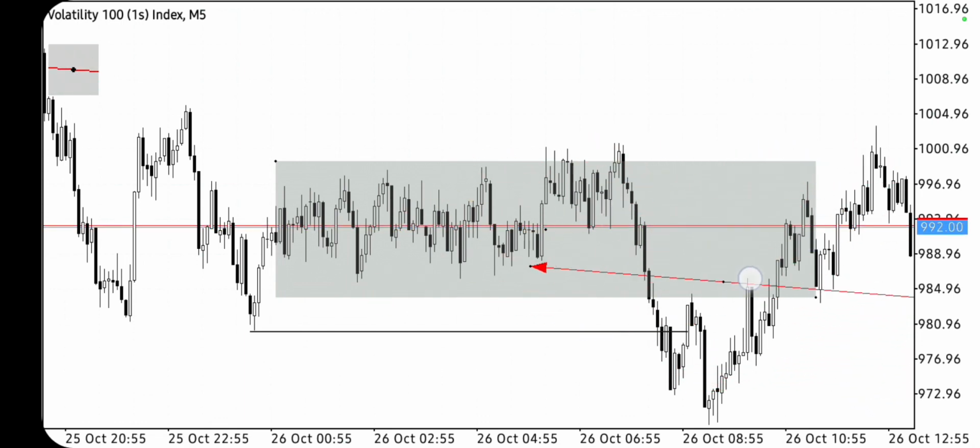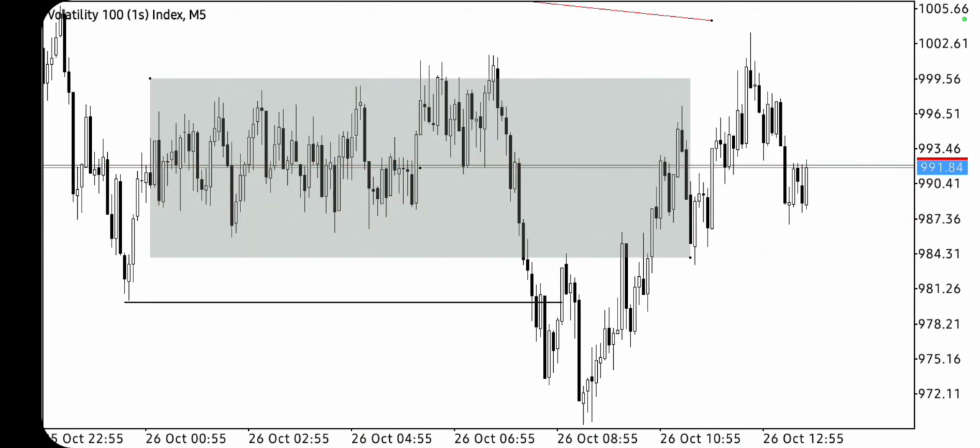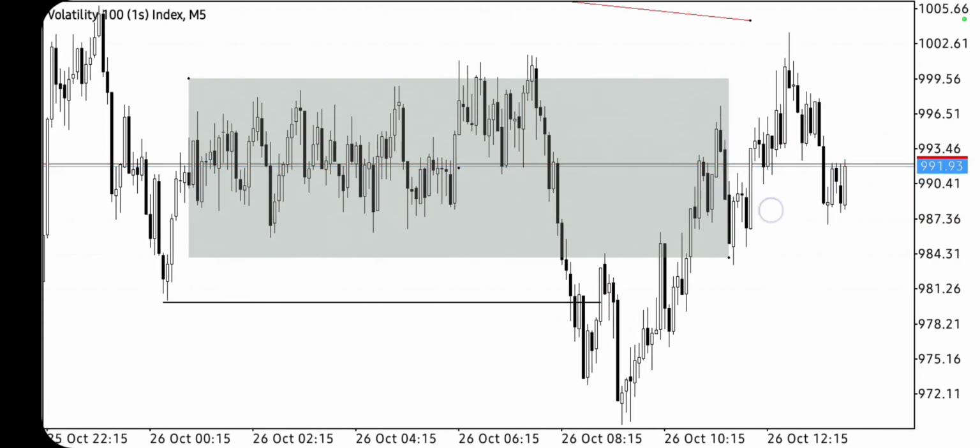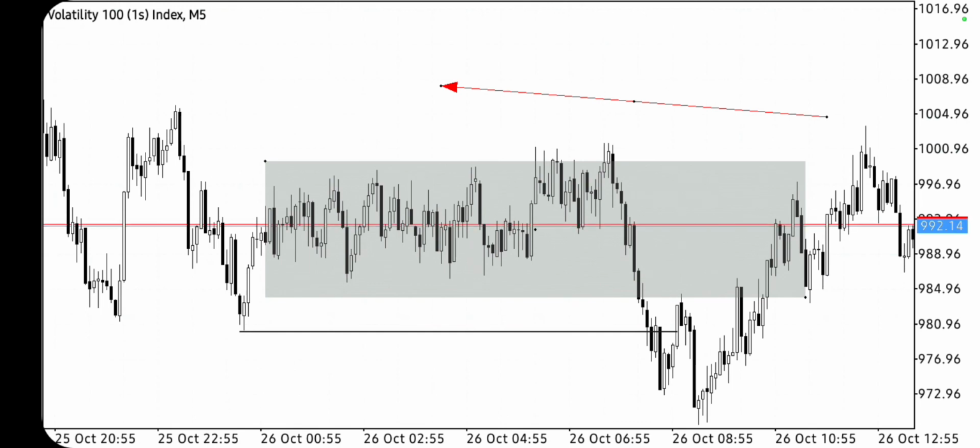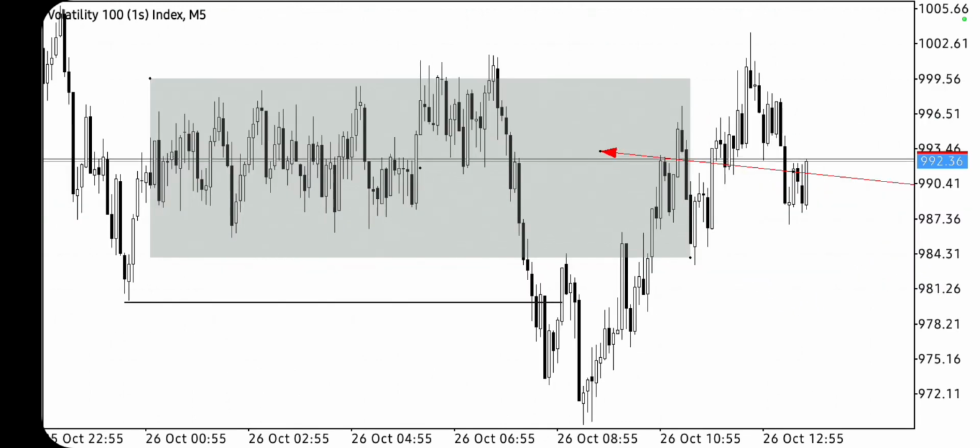So it was actually a very strong supply zone, and the market is going to just deceive some traders in here to enter the market anyhow. But if you keep watching my videos, you will definitely not be deceived by what this market just did.